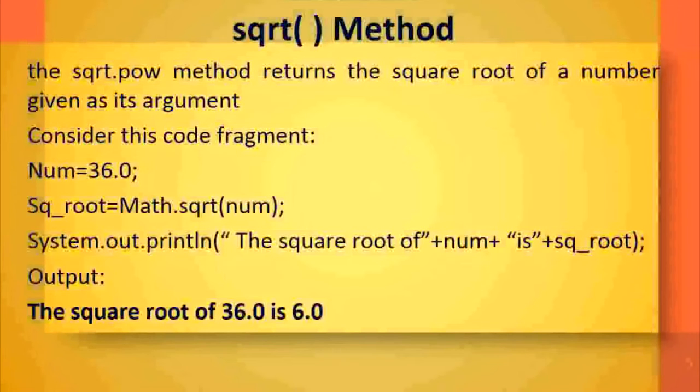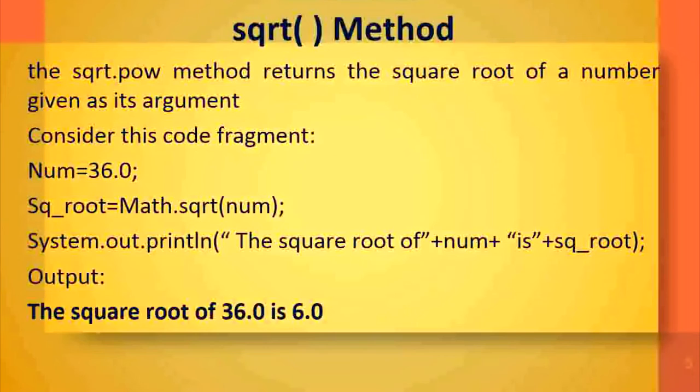The Math.sqrt method returns the square root of a number given as its argument. Consider this code fragment. num is equal to 36.0. sqrt_root is equal to Math.sqrt(num). num is the number which we have inputted in the above line, that is 36.0.